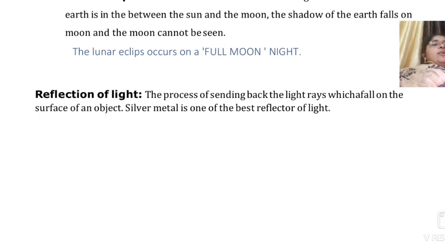The process of sending back the light rays which fall on the surface of an object is reflection. Silver metal is one of the best reflectors of light.